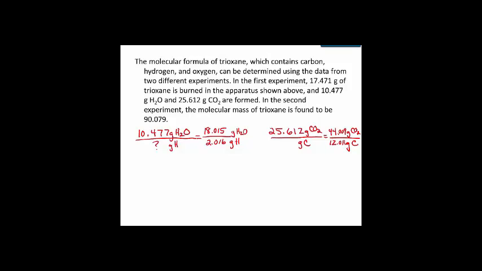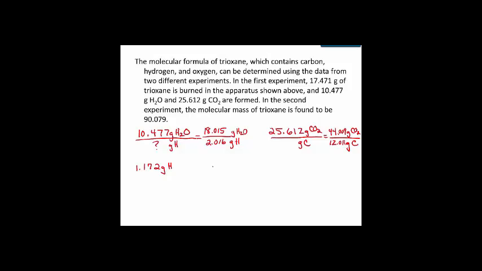All right, so if I solve that ratio, I'm going to get 10.477 times 2.016 divided by 18.015. Okay, so I get 1.172 grams of hydrogen, and then 25.612 times 12.011, and then divide by 44.009.